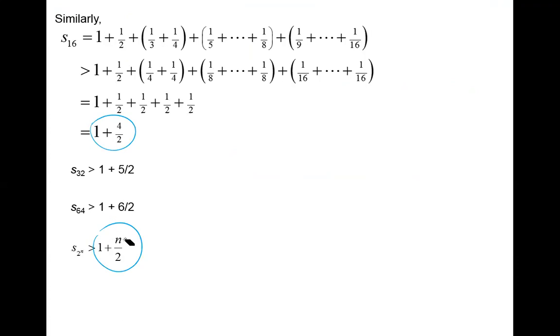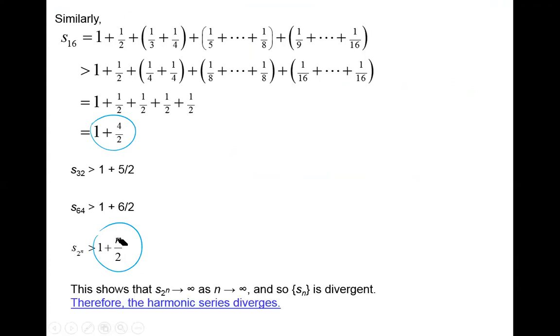But the partial sum is even bigger than 1 plus n over 2. And 1 plus n over 2 at infinity, of course, is infinity, right? Because it's infinity, we don't have to reproduce this. This was just the proof, just to show you that the harmonic series is divergent.